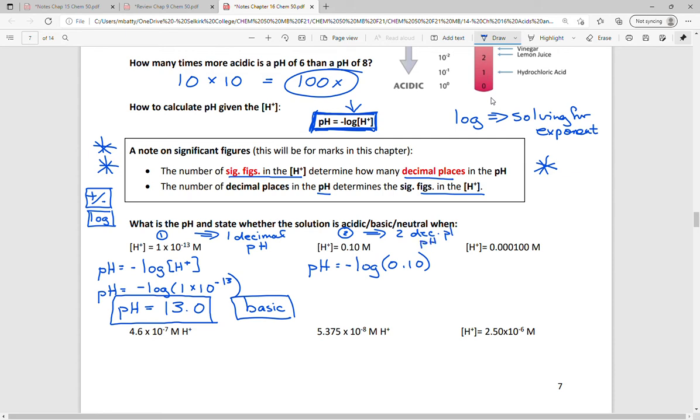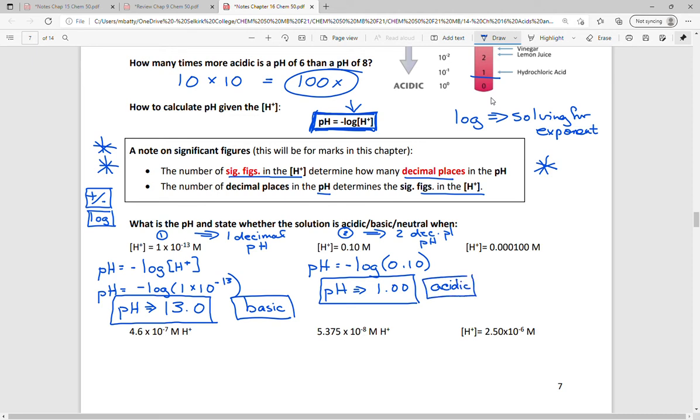My calculator might say 1, but I'm going to represent the pH with sig figs as 1.00, 2 decimal places because they had 2 sig figs in my concentration. And so again, if it's acidic, basic, or neutral, I've got a pH of 1. That's like hydrochloric acid. That would be acidic.